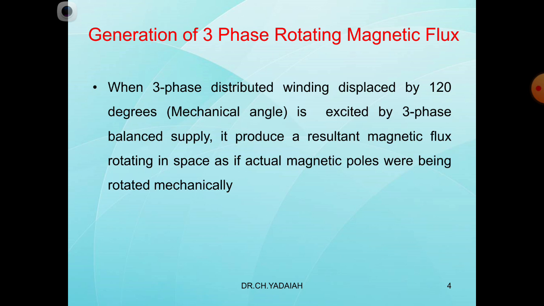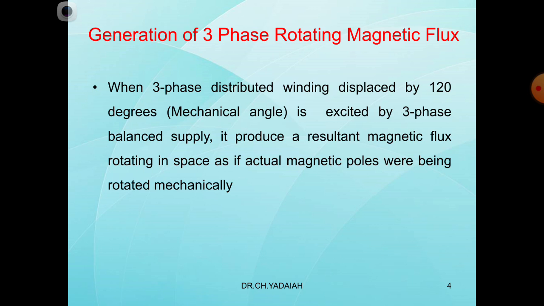Whenever current flows through the damper winding, it tries to produce its own magnetic field. This magnetic field and the stator magnetic field interact. Now what will happen? This rotor field tries to catch its main magnetic field, the stator field, but the stator field is rotating. This magnetic field tries to catch its own father, the main magnetic field.